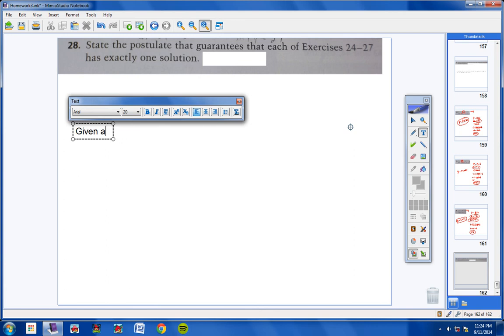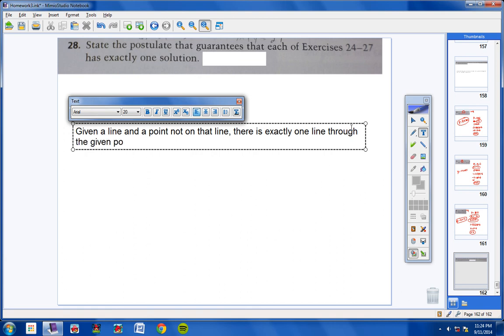Given a line and a point not on that line, there is exactly one line through the given point that is perpendicular to the given line. All right, and there we go.